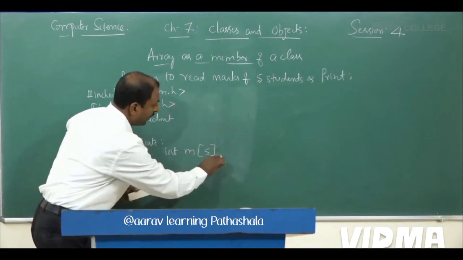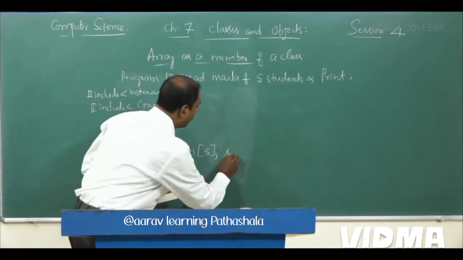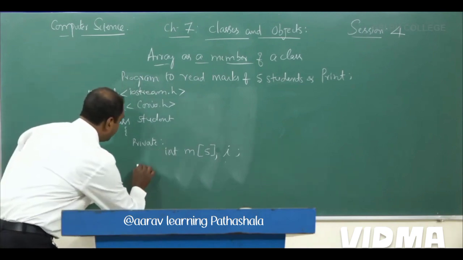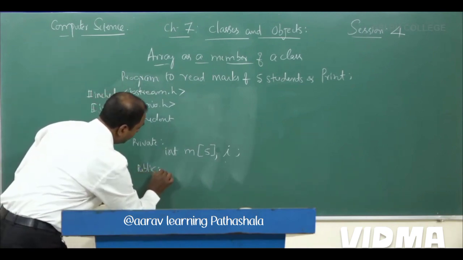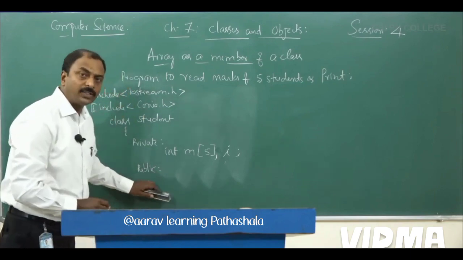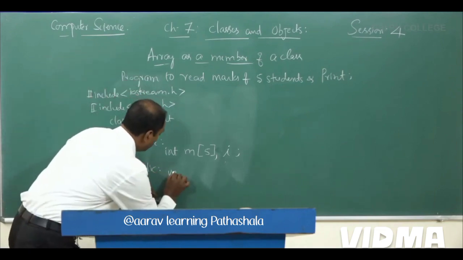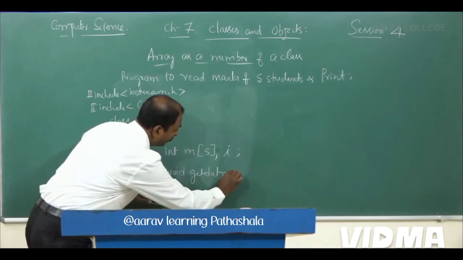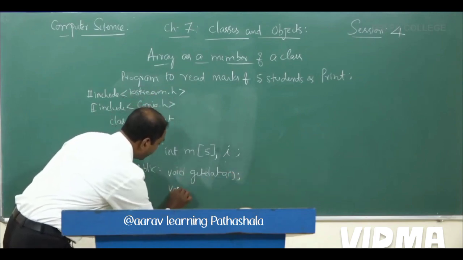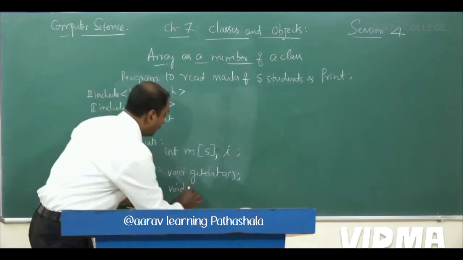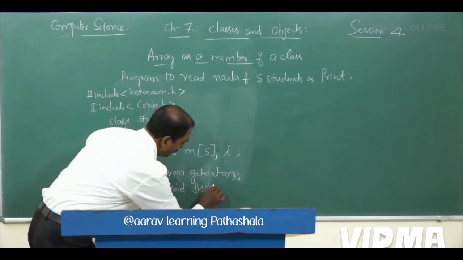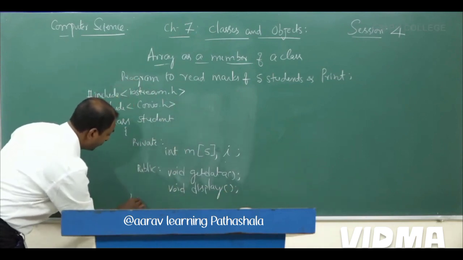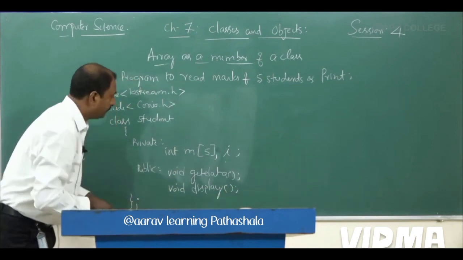Along with this, I have to use one more variable i, the for loop control variable. And under public, let us define two functions: void get data, semicolon, and one more function, void display. And here we close the bracket along with a semicolon.